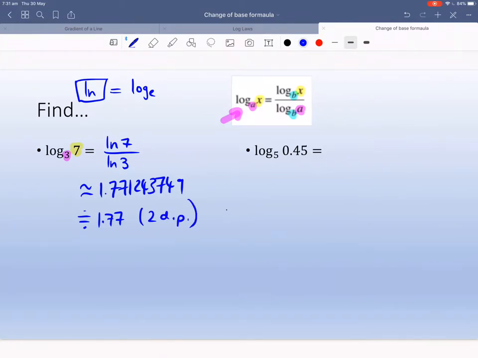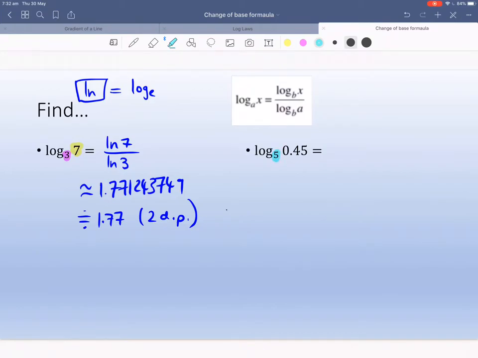So here I was in a position where I couldn't solve it using my calculator, but by change of base, I did it. Now, I'll show you in the next exercise how we do it. In this one, we need to change it again.